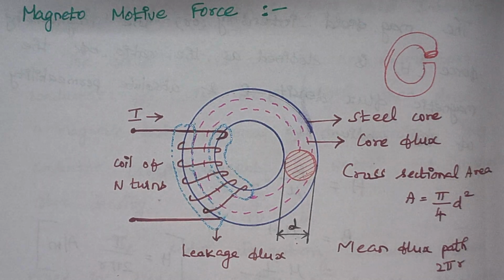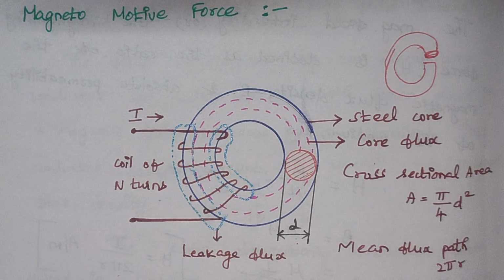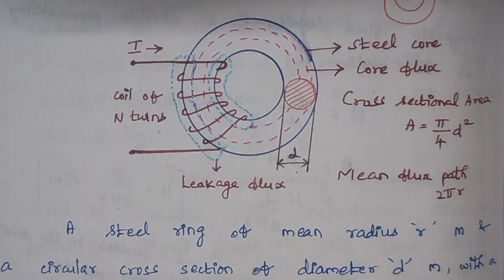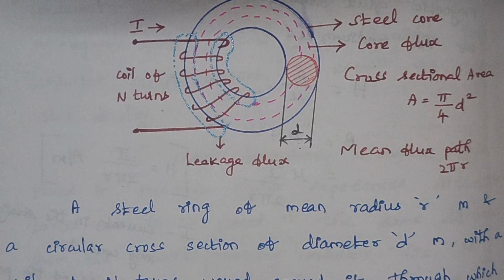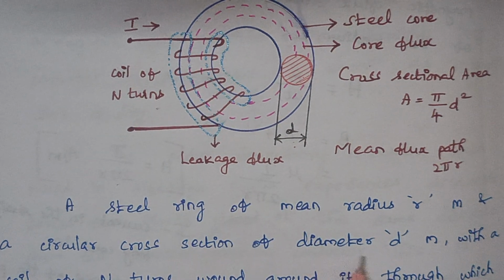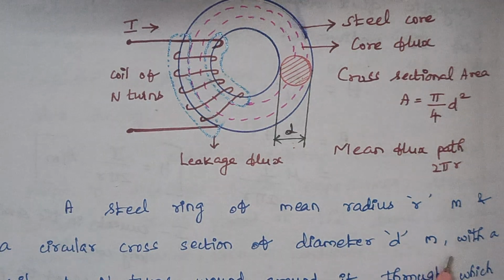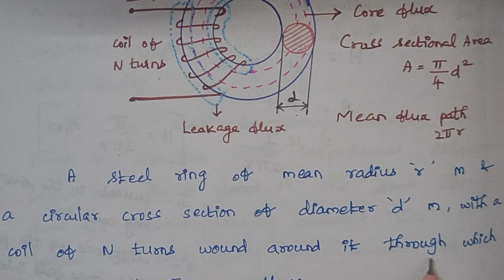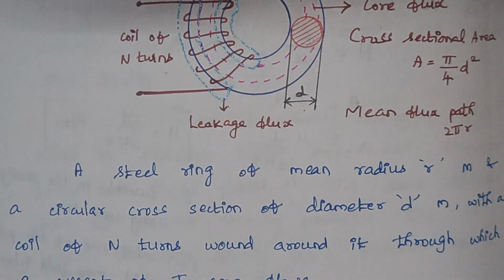Now we will discuss what a magnetomotive force is. Here you see a steel ring of mean radius r meter and a circular cross section of diameter d meter, with a coil of n turns wound around it, through which a current of I amps flows.